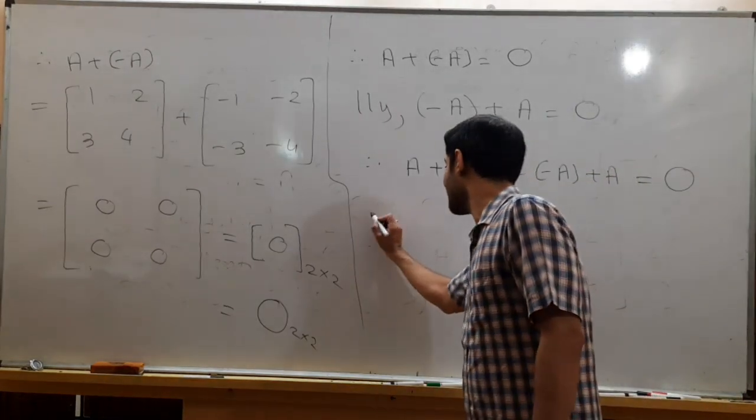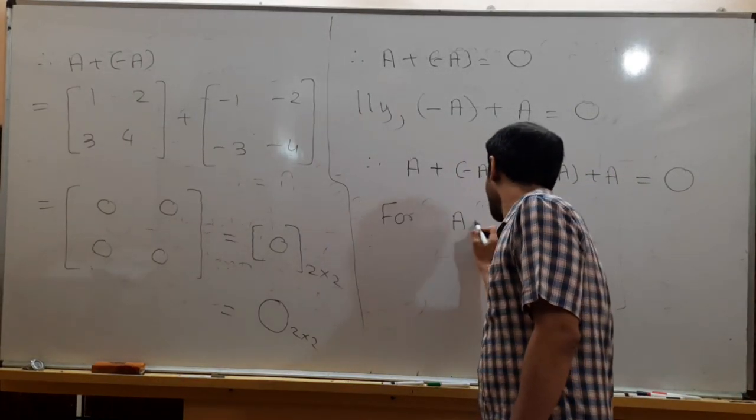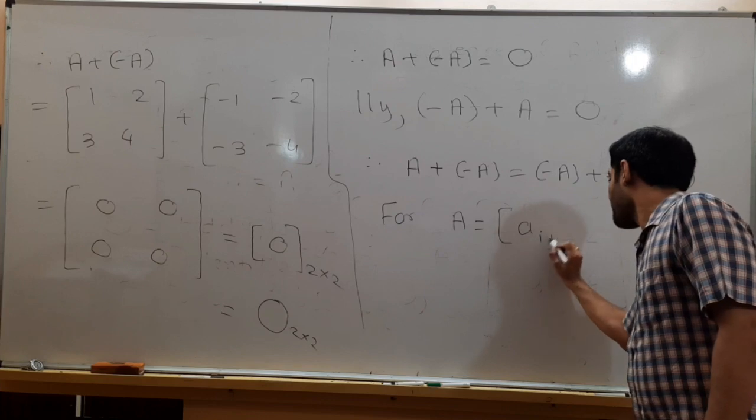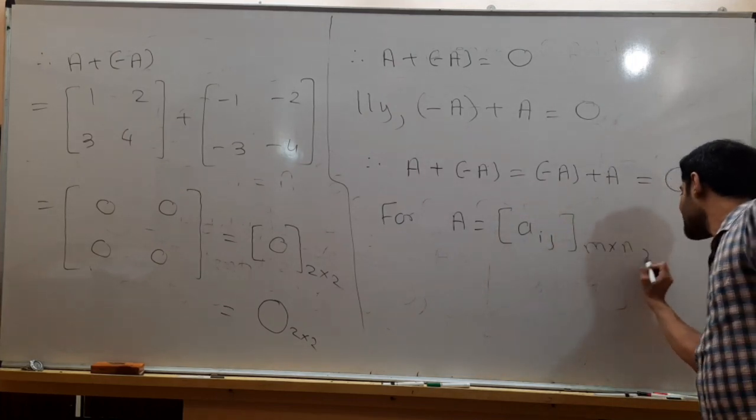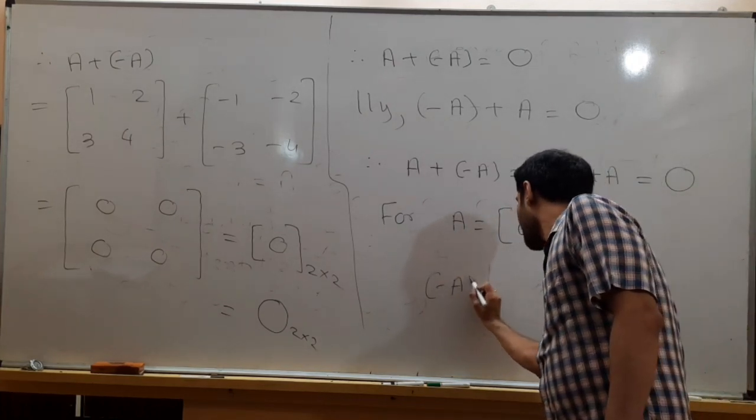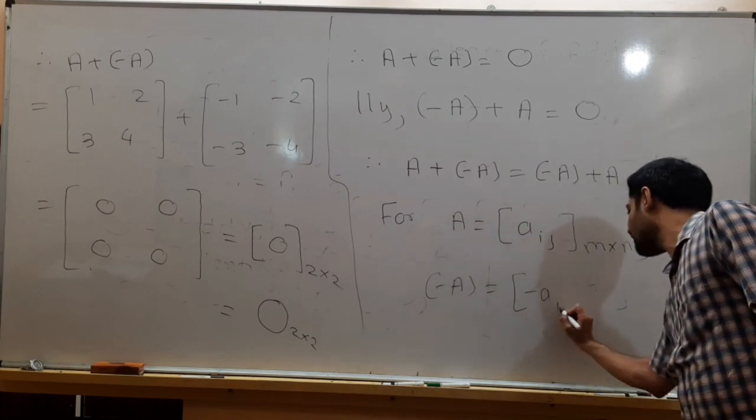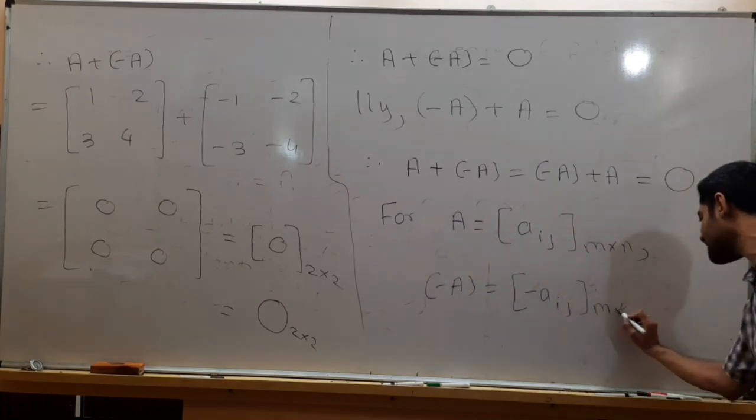So what I will write is that for A equal to Aij of order n cross n, minus A we know is minus of Aij of order n cross n.